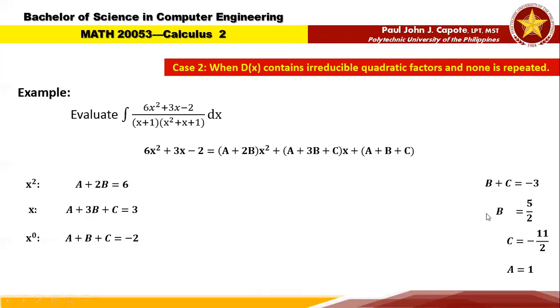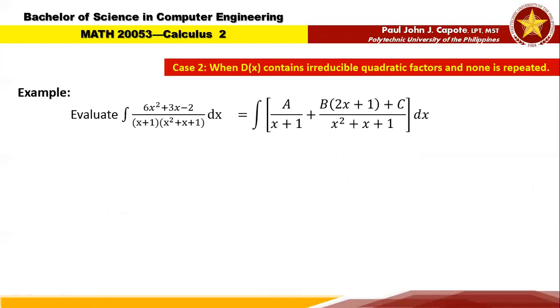If we substitute this 5/2 and -11/2 to the second equation, I am 100% confident that A is equal to 1. The same thing with the third equation. And so we have the values for the unknown constants A, B, and C. We'll use these constants to substitute to the unknown quantities A, B, and C.